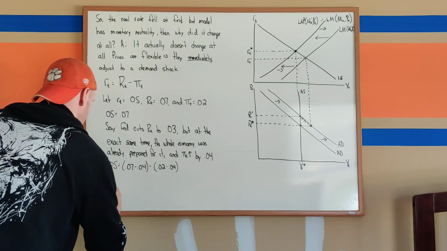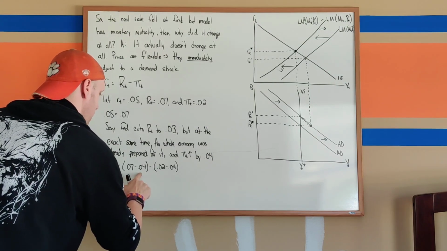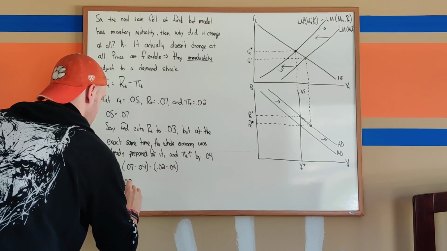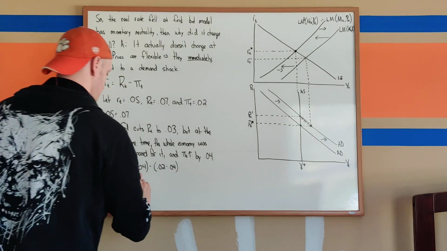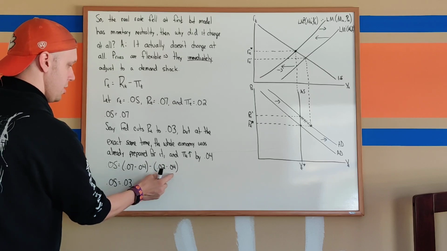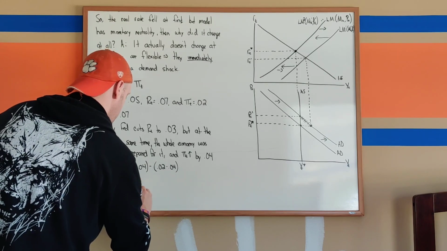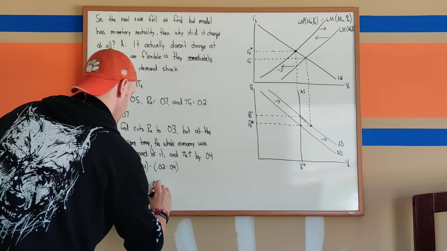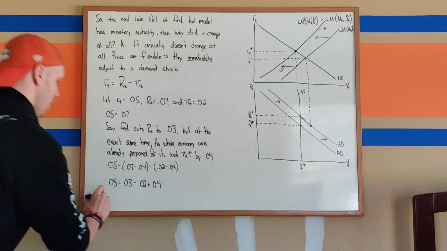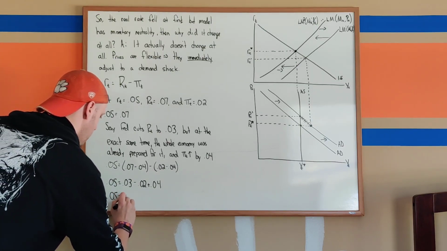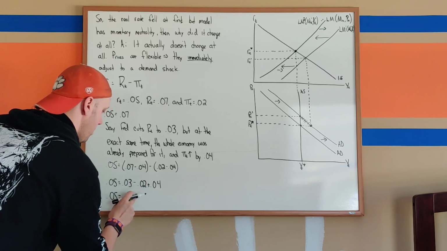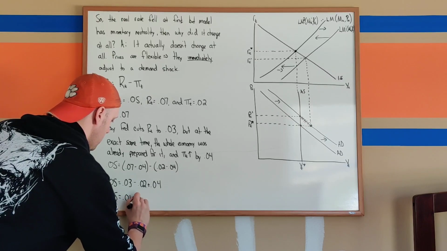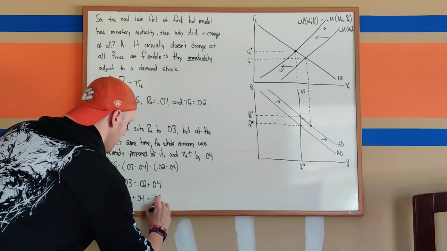So 0.05, 0.07 minus 0.04, what is that? 0.03. Now, let's just go ahead and distribute this negative throughout this change in inflation here. Minus 0.02 plus 0.04. So we get 0.05 equals 0.03 minus 0.02. Well, 0.03 minus 0.02 is just 0.01 plus 0.04 equals 0.05.